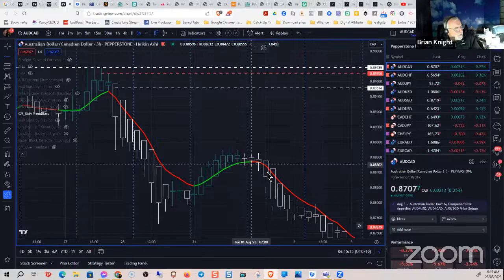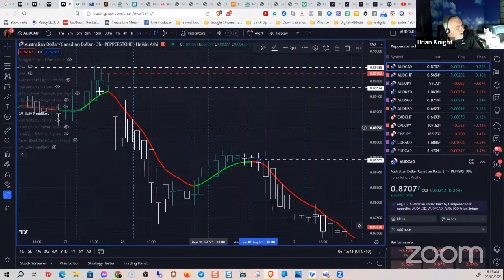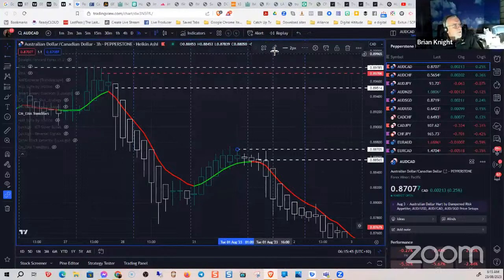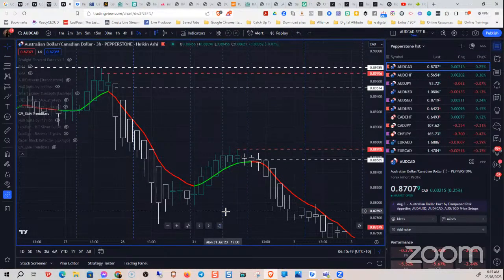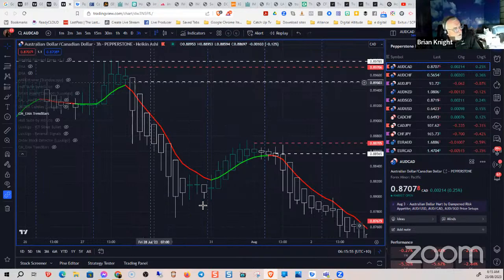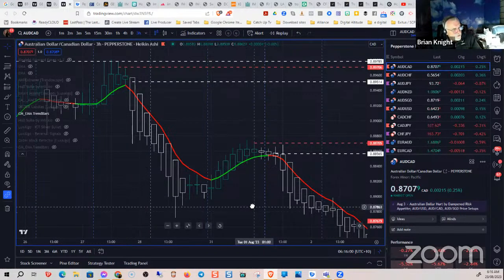So entry would be probably somewhere there, and your stop loss would be up there. But you would also here on this one be out of that trade, and then into this trade if you wanted to for a buy.